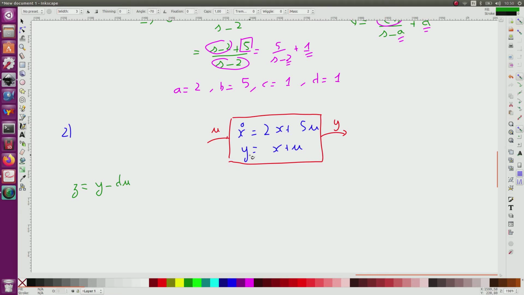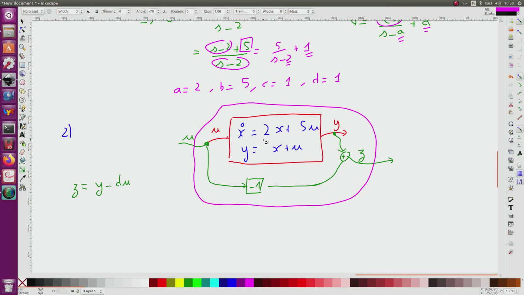Why? Because if I do this, z is the sum of y and u minus 1, and I create this. And this is my new system.